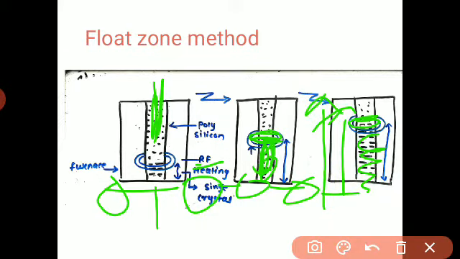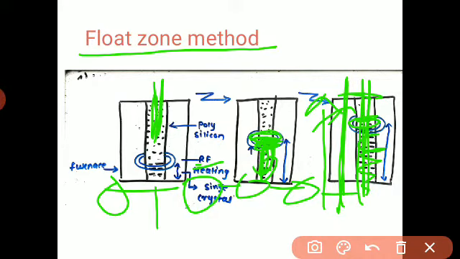This process is repeated again and again. The up and down movement of the RF zone happens repeatedly to get high purity silicon. This is why we call this method the float zone method. Why? Because the melting zone is floating up, down, up, down. So this is all about the float zone method.